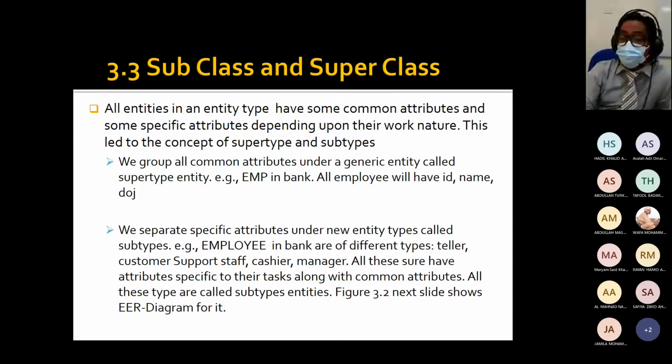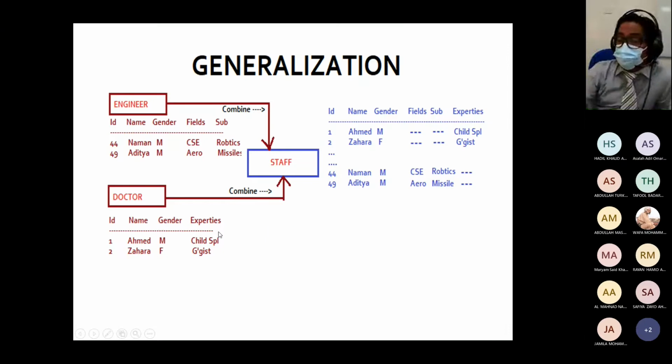So specific attributes like expertise will not be there in the engineer because this expertise only depends on their work. Understand? Some are common like ID, name, gender. We can also see that one from the engineer.